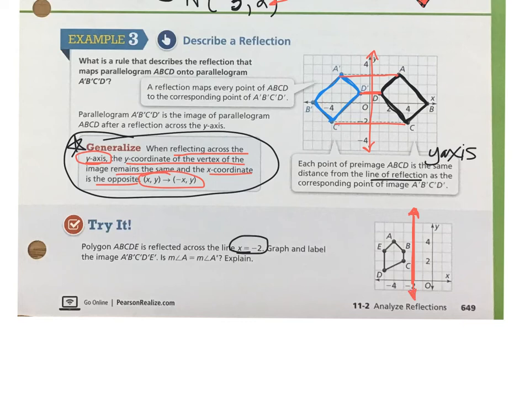If I want to reflect that figure across the red line that I've just drawn at x equals -2, then I can create those image points for A prime, B prime, C prime, D prime, and E prime. And I do that by looking at the distance of that point from that line of reflection.